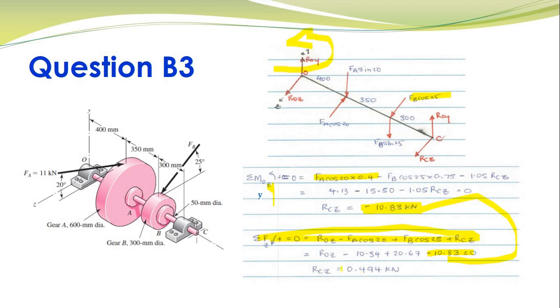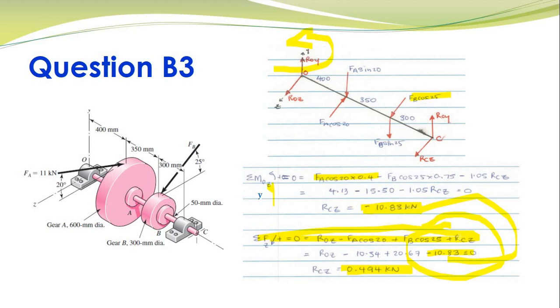Then you get ROZ to be 0.494 kilonewton, and it's a positive value, so it indicates that the assumed direction that we started off for ROZ is correct. This is very important over here.